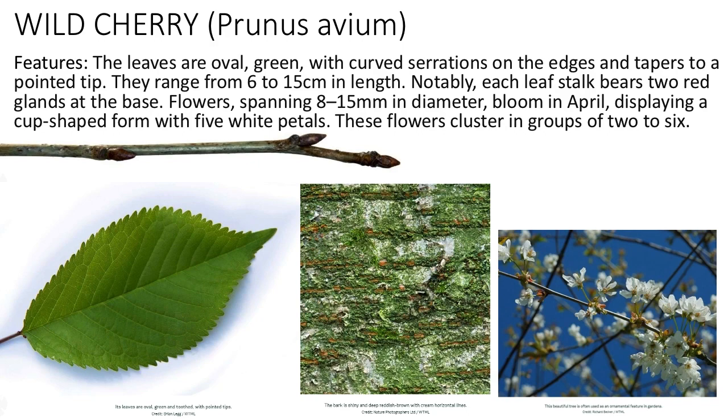The flowers, which will be about 8 to 15 millimetres in diameter, bloom in April, and they have this cup-shaped form with 5 petals. They flower in clusters, and they can be of up to 2 to 6 flowers.